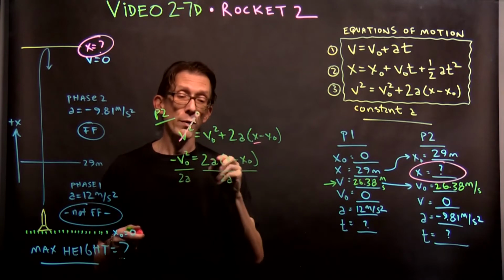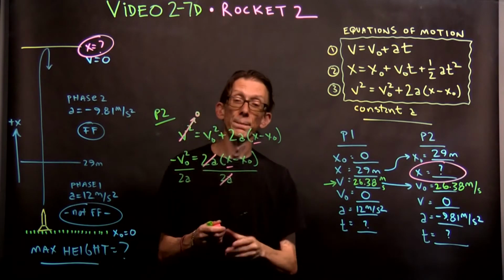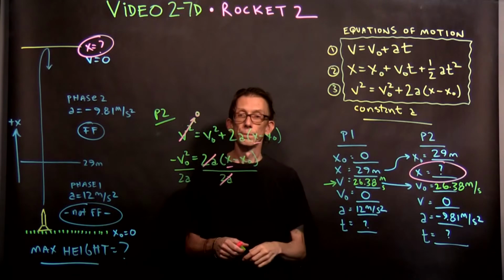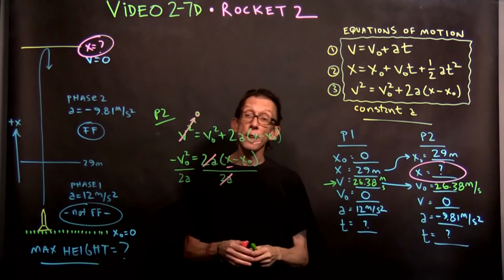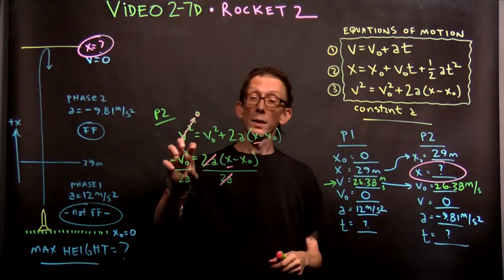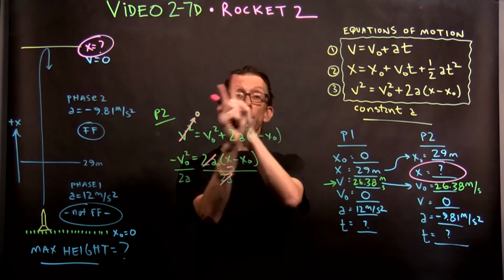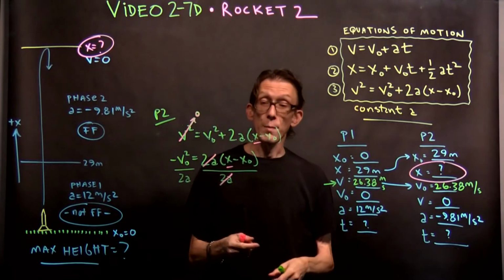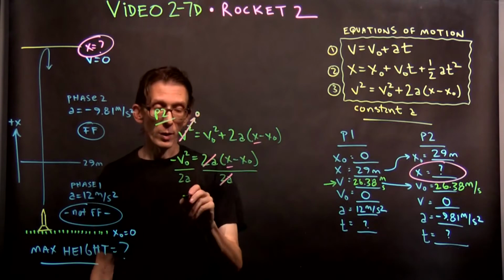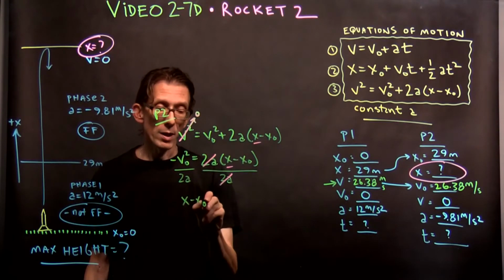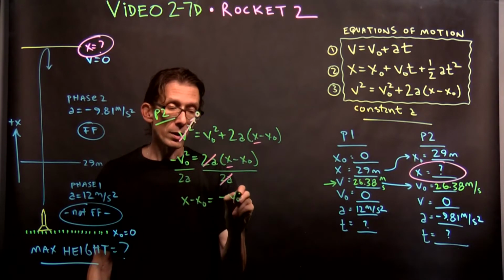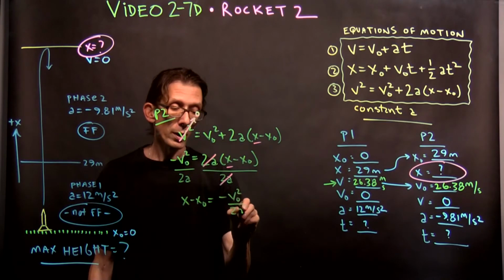By doing that, we now have eliminated 2a from this side. So we've got negative v naught squared over 2a equals x minus x naught. I'm going to flip the 2 sides because I can, and because we're looking for x. So I'm going to write it this way. X minus x naught is minus v naught squared over 2a.